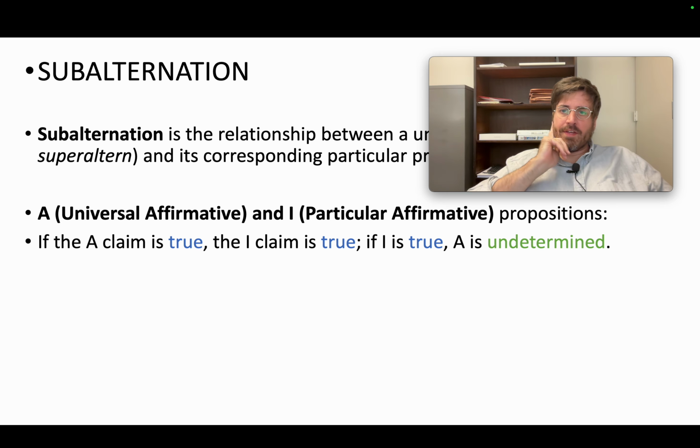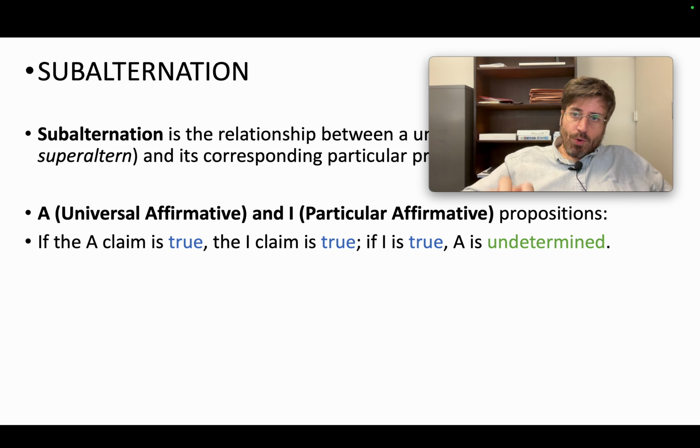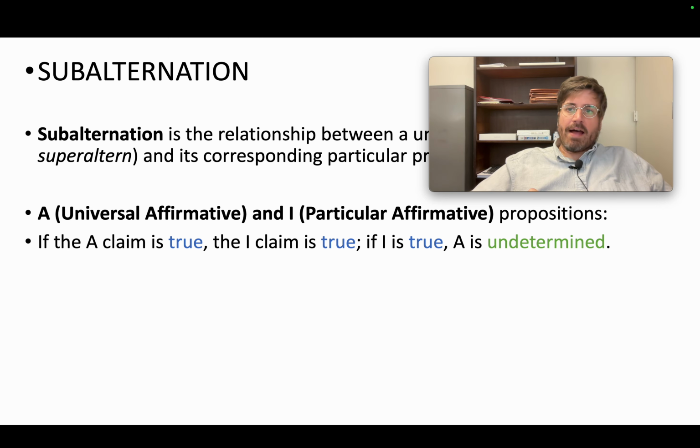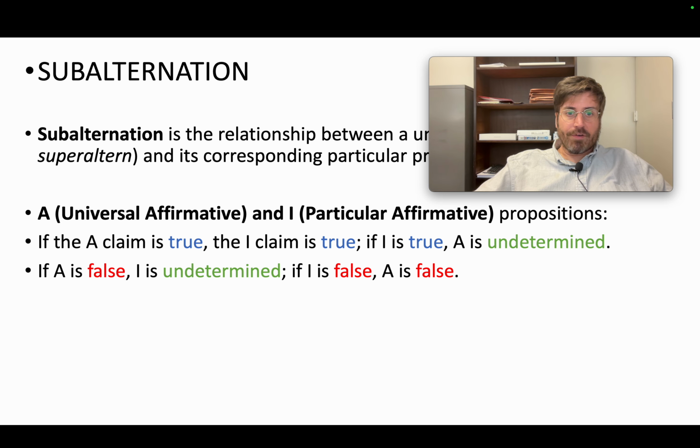So a good way to think about this is that with respect to subalternation, if we're moving from a superaltern, a universal, to its corresponding particular, and we start with a true claim, we know that the corresponding subaltern is also true. So truth on the square of opposition always flows down. However, if we're beginning with a subaltern, that particular proposition, we can't make the inference to its corresponding superaltern, the universal. We just don't know. There's not enough information to make the immediate inference.